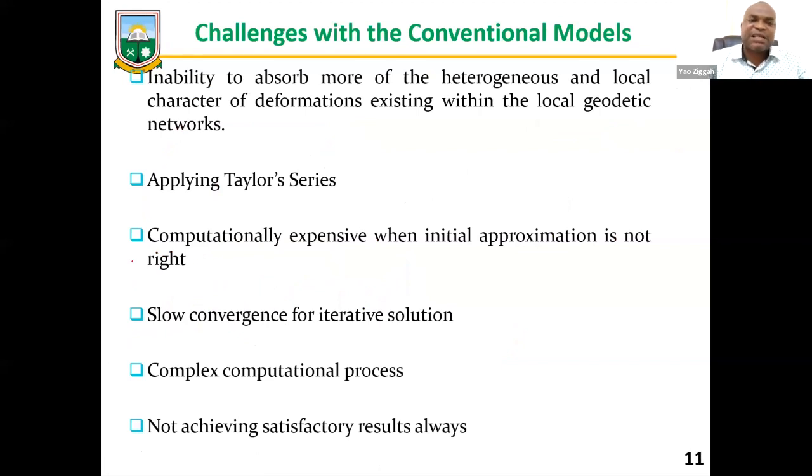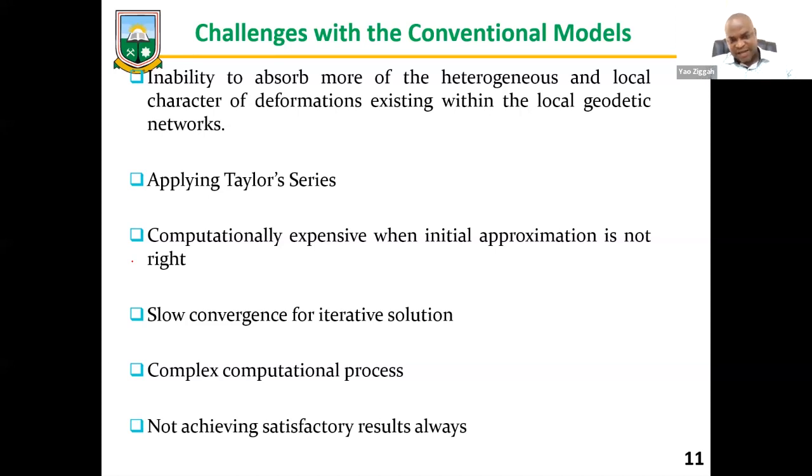Now, what are some of the challenges that we face in applying these transformation models? Over the years, scholars have identified that due to how the local geodetic network was established at a time when there was no GPS and classical survey systems were used to establish it, there is a little bit of distortion in the local system.